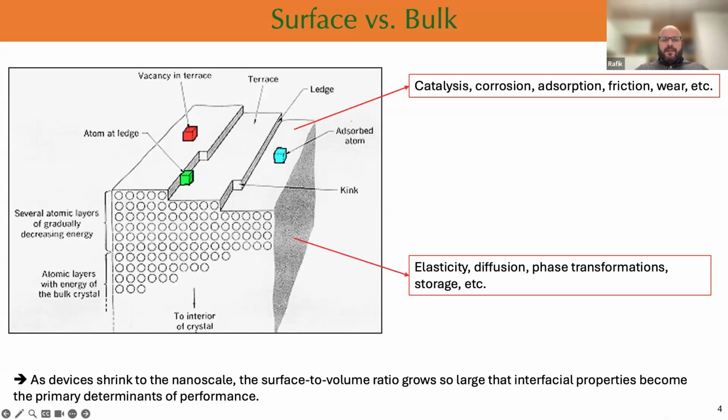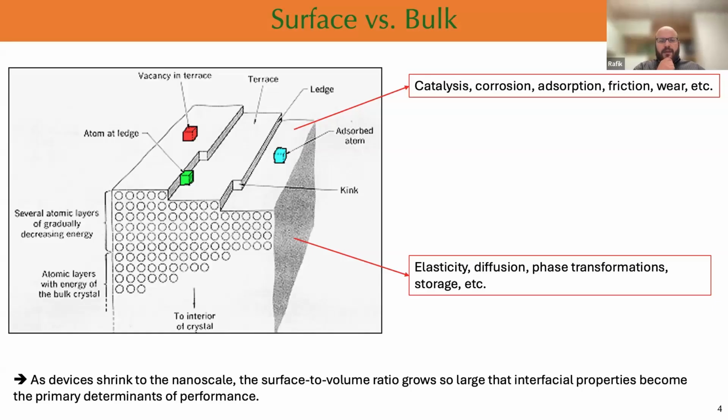What does it mean practically? For example, in transistors, the gate dielectric-semiconductor and metal-semiconductor interfaces set the threshold voltage, the mobility, and the leakage far more than the deep bulk of the channel. Another example: in catalysis, only surface atoms at active sites participate in reactions.